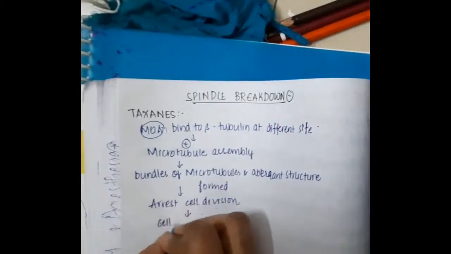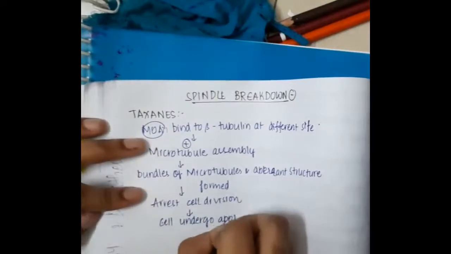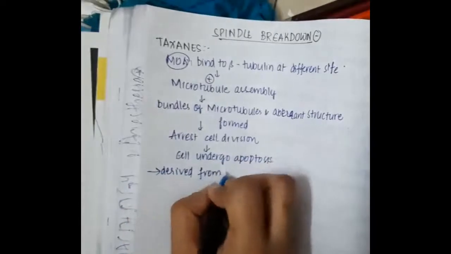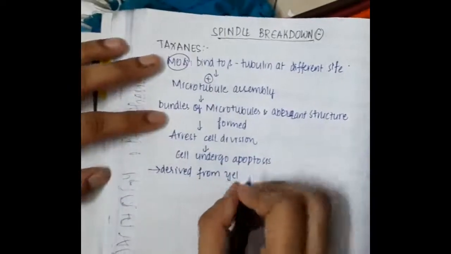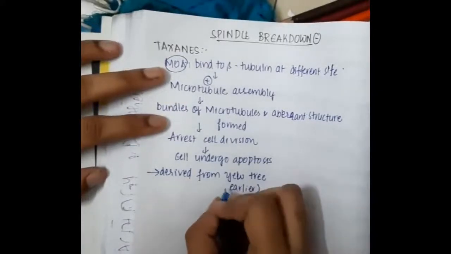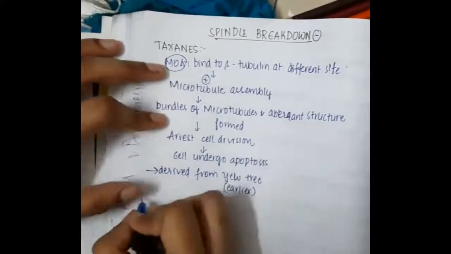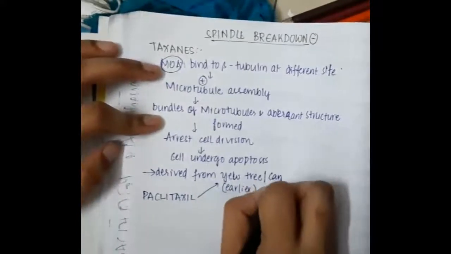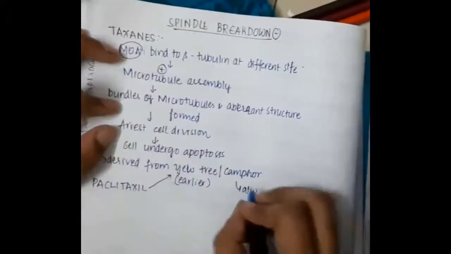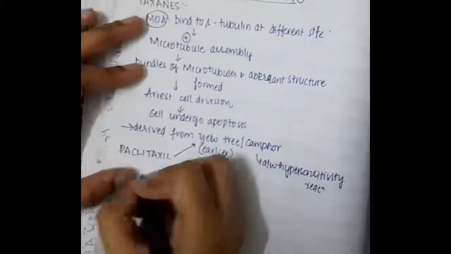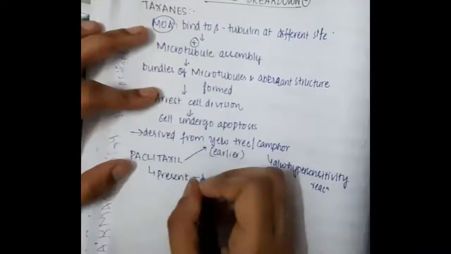Thus these cells undergo apoptosis. These drugs are derived from the yew tree or camphor tree. Earlier they were derived from the yew tree, but now they are derived from the camphor tree. Then we have paclitaxel, which is associated with a hypersensitivity reaction.